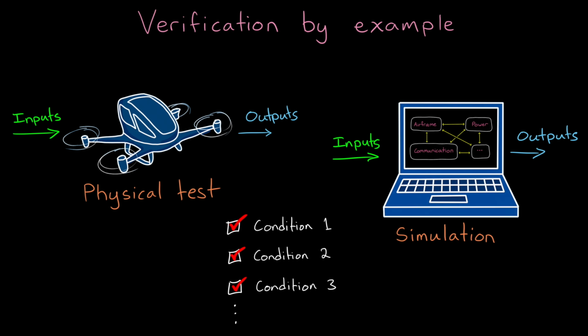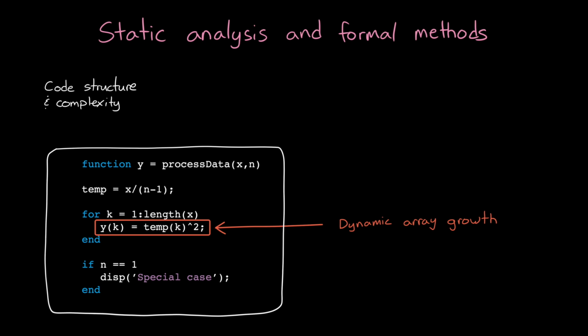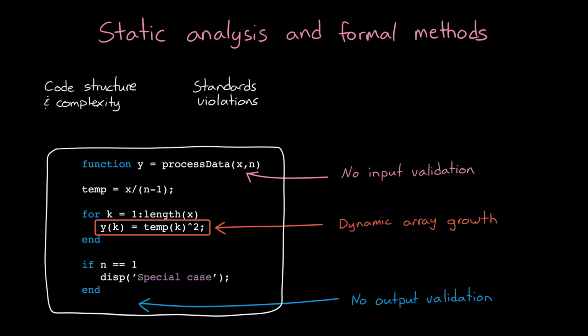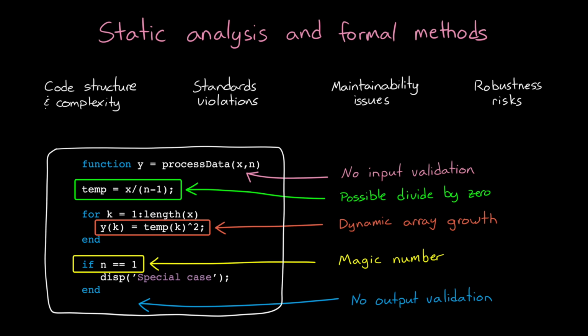But here's the catch. Not every issue shows up as a failed simulation or a failed test. Some problems are more subtle. A few examples are poor code structure, violations of standards, maintainability issues, or things like divide by zero and overflow. Plus, some things are just really hard to prove with testing alone.